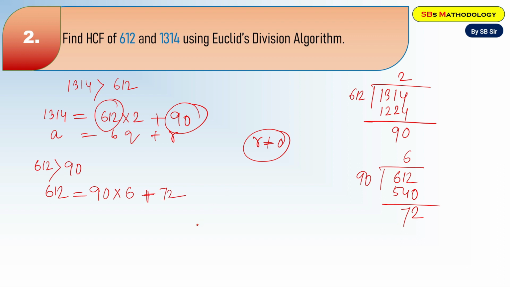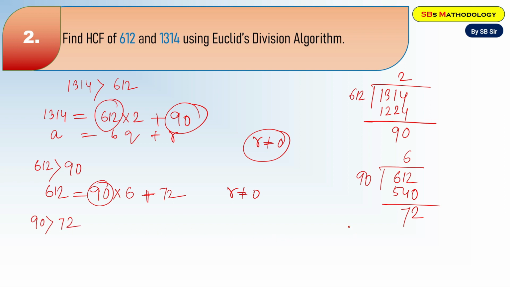Again in this scenario 72 is the remainder, and r is not equal to 0. So again we have to apply Euclid's division algorithm for the remainder, that is 72, and the divisor, that is 90. So we can easily understand that 90 is greater than 72.